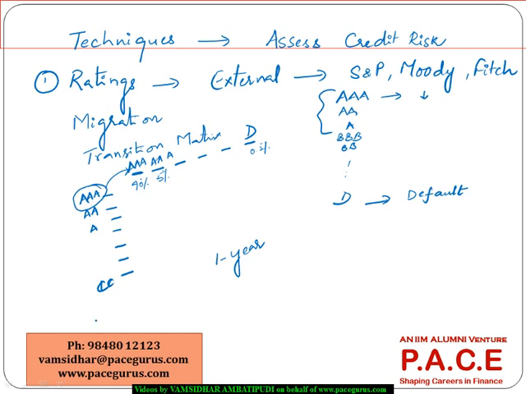And you see here on the left hand side, we don't see a default. In these rows, we don't see a default. I haven't represented it. I have gone only up to a double C or a C here, whereas on this side I am going to a D, because the default state is one from which I cannot go anywhere else.